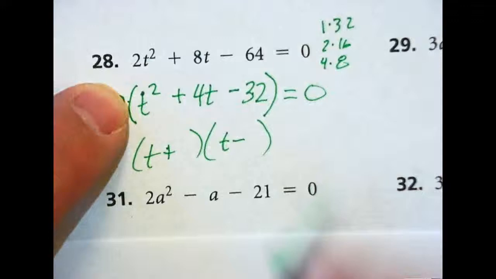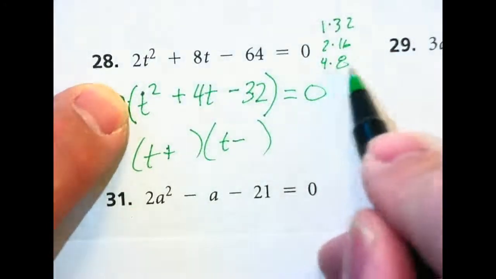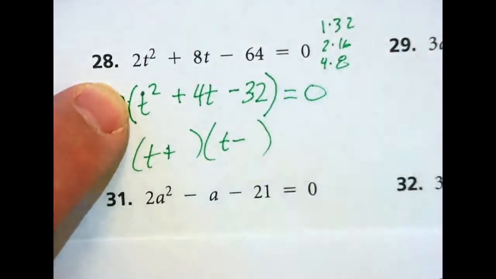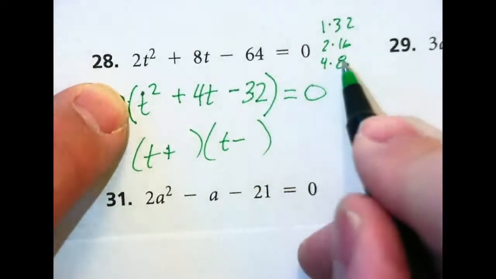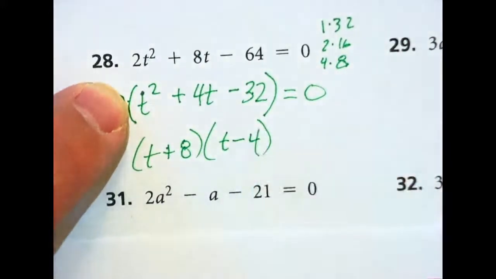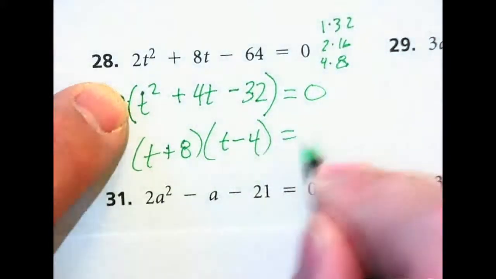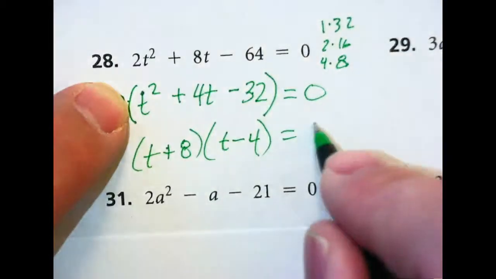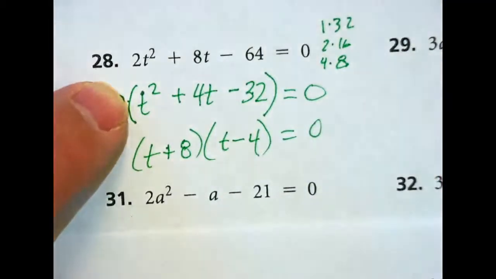Which one needs to be our positive? Which one needs to be negative? 8 needs to be positive and 4 is negative. Everyone tell their neighbor why it has to be that way. Why can't it be 8 is negative and 4 is positive? Why must it be like that?